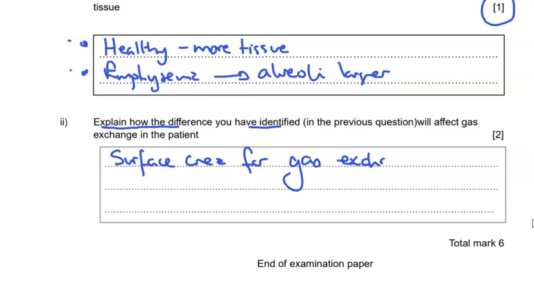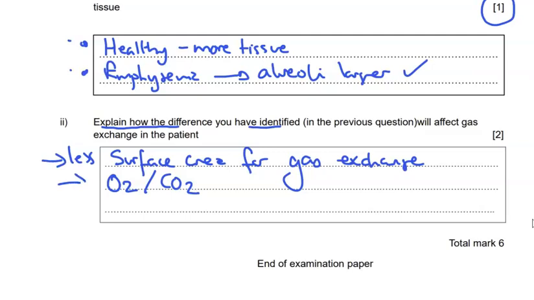That's the most obvious way to approach this. So you might say, if you've got emphysema, you have less surface area for gas exchange, whereas with healthy tissue you have more surface area for gas exchange. It could be either way there, and that will affect the exchange of oxygen and carbon dioxide from the air and the blood in the ventilation process, in the gas exchange process.